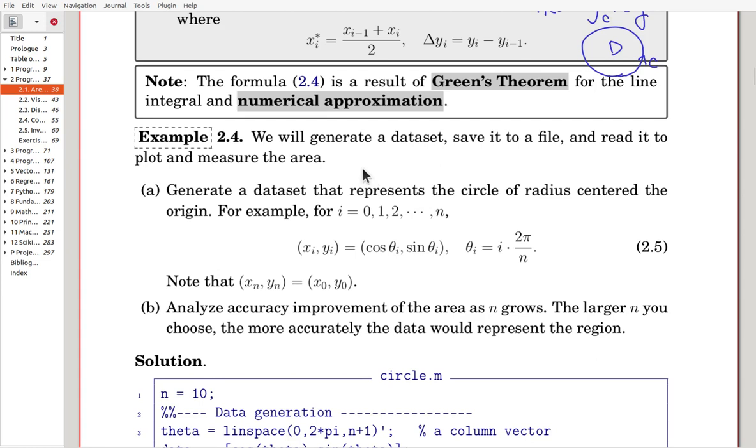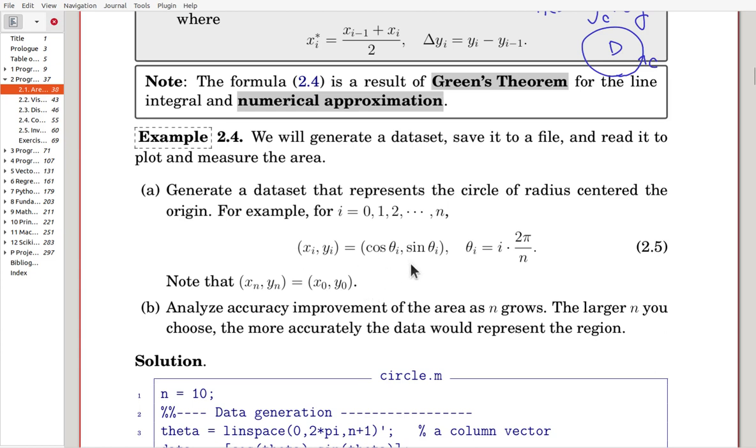Okay, we'll see another example here. We'll generate a data set, save it to a file, and read it to plot and measure the area. Let's generate a data set that represents the circle centered at the origin with radius 1.